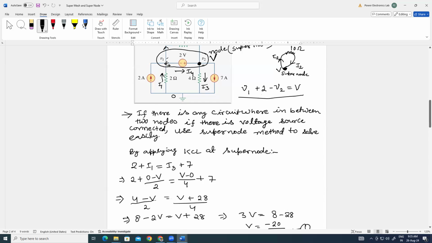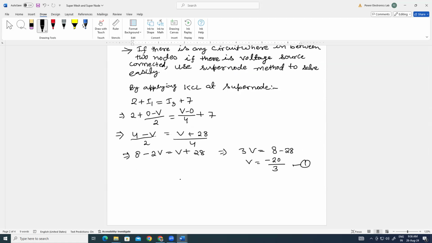If we apply KVL from here to here, V1 plus 2 minus V2 is equal to V, and V is minus 20 by 3.